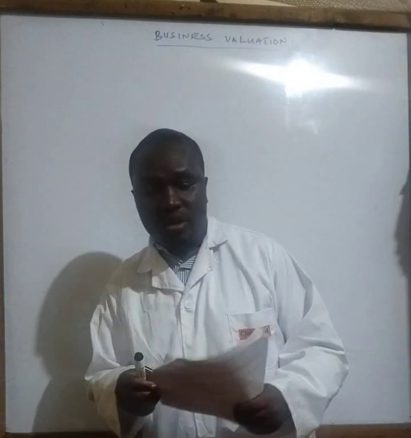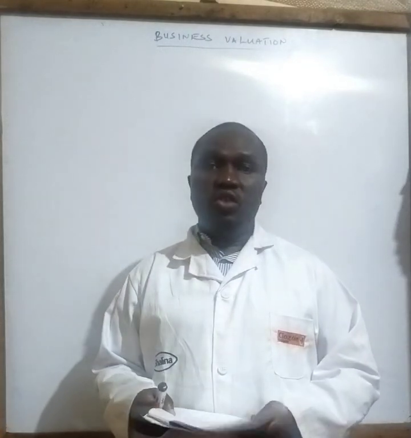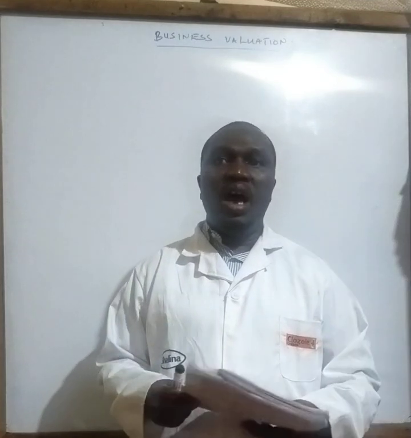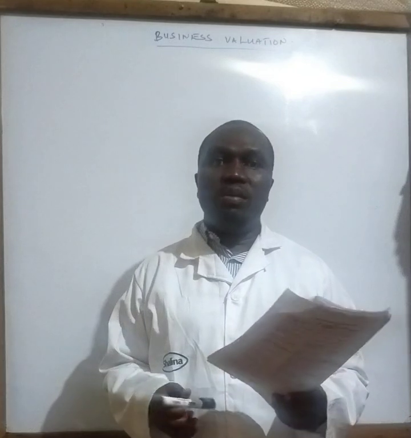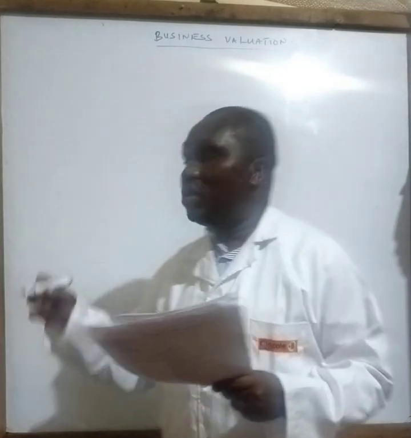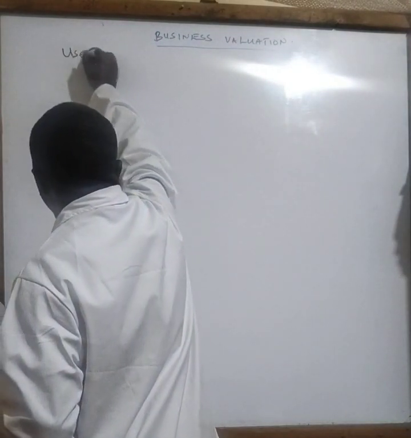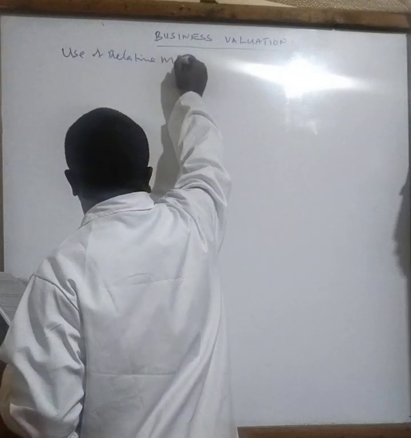Welcome to our class. Today we want to discuss some methods that are mainly used for valuation of businesses. We have discussed several methods of valuing businesses, and what needs to be valued in businesses. Today we want to discuss two elements that are very important when it comes to valuation of business, that is what we call the use of relative measures.